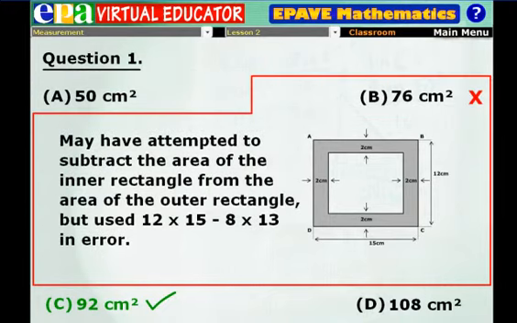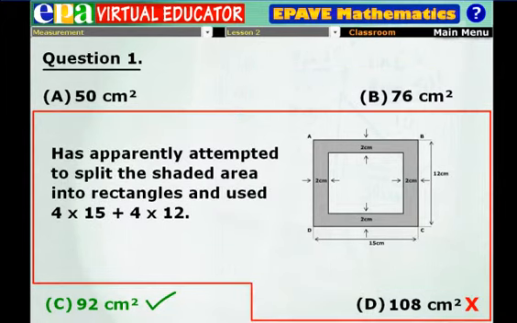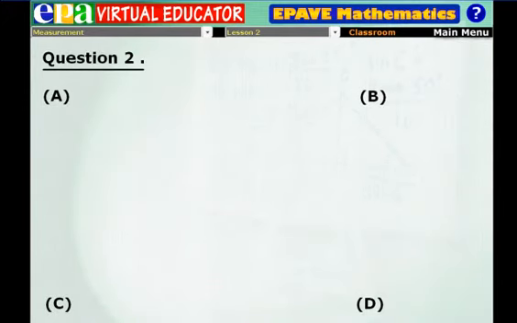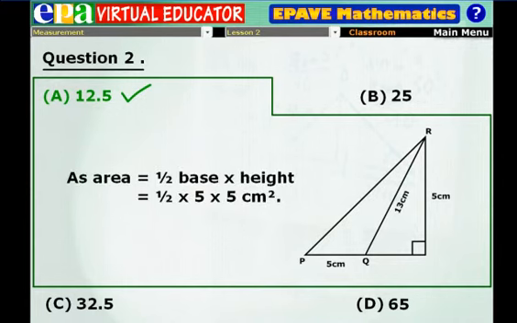Answer B may have attempted to subtract the area of the inner rectangle from the area of the outer rectangle, but used 12 times 15 minus 8 times 13 in error. Answer D has apparently attempted to split the shaded area into rectangles and used 4 times 15 plus 4 times 12. The correct response to question 2 is A, as the area equals half base times height.